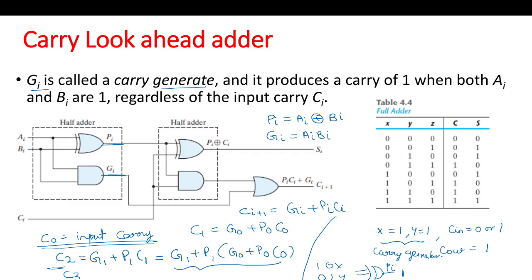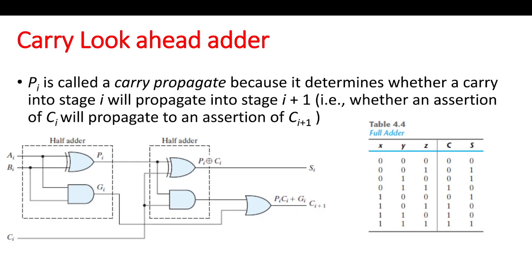And again C3 also we will have with respect to the input carry. This is nothing but G2 plus P2 G1 plus. Okay, so now we have both the propagate and the generate.